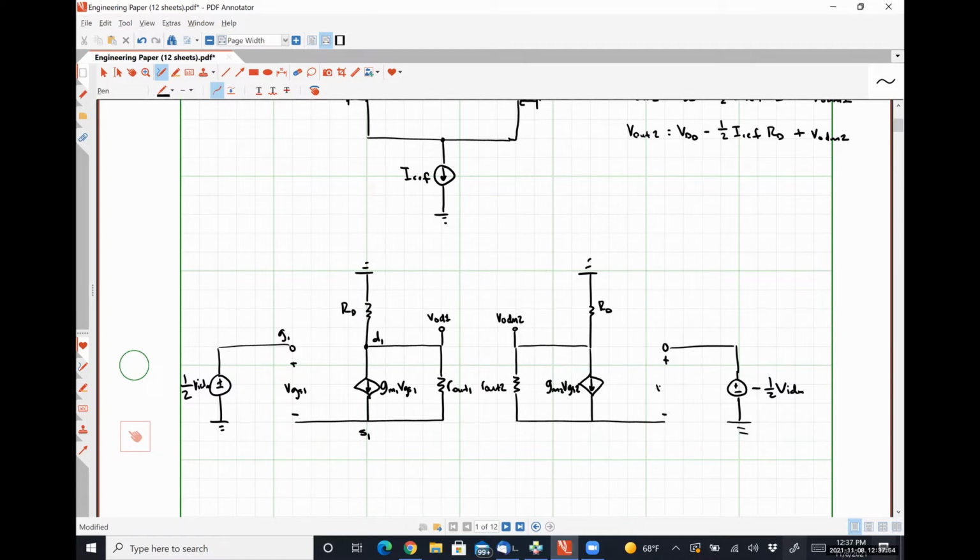This guy is VGS2. So this means that we have gate 2, drain 2, source 2. And I'm going to call this nodal voltage right here Vx.